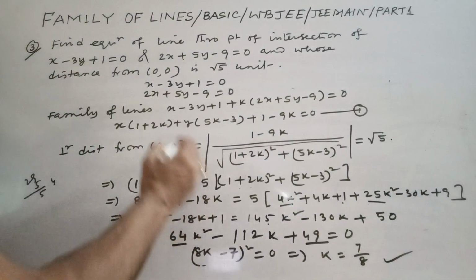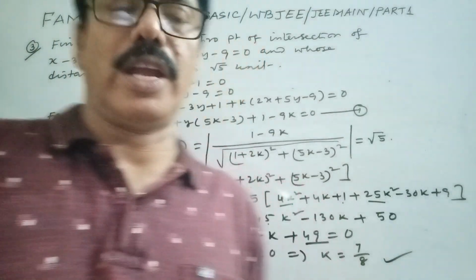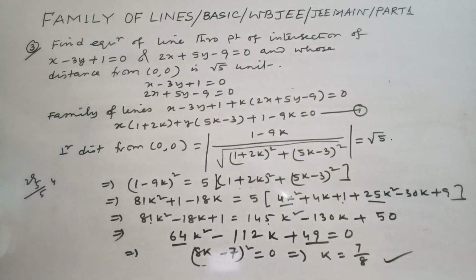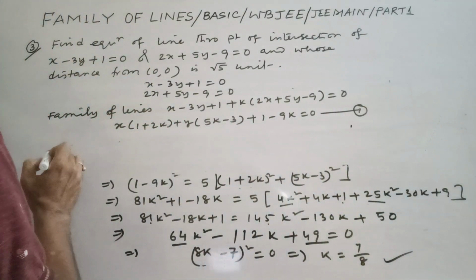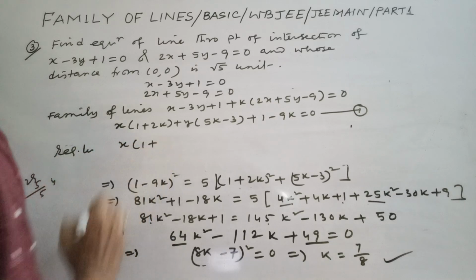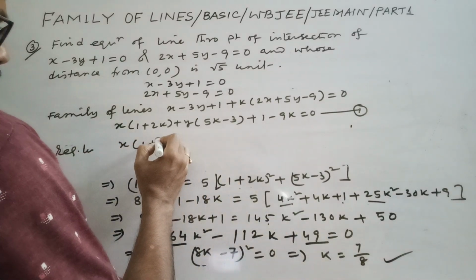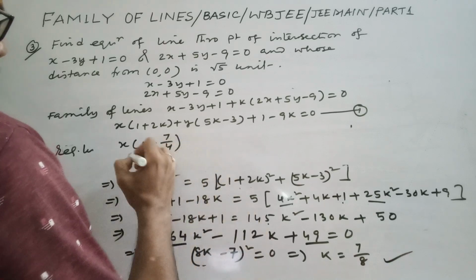So putting the value of k in 1, you get the equation of the line. So what is the value of k? K is 7 by 8. So the required line: x into 1 plus 7 by 8, so this is 7 by 4, 2k.